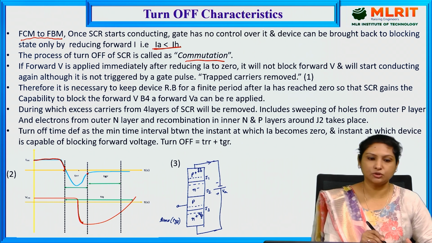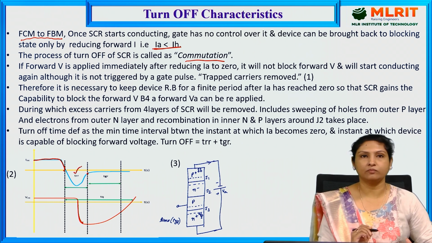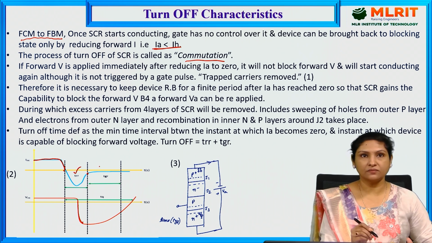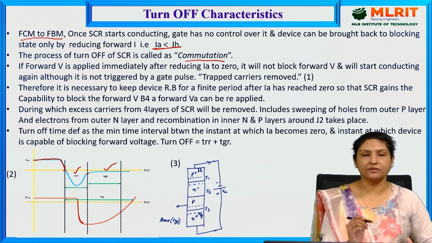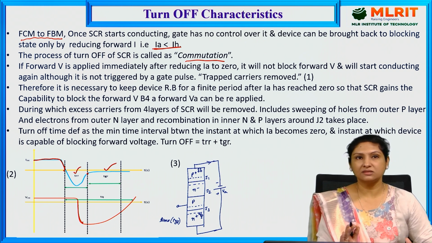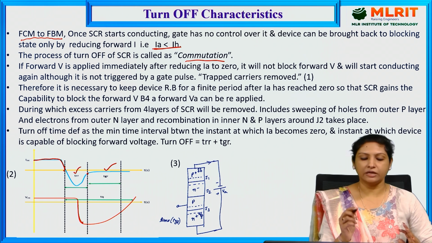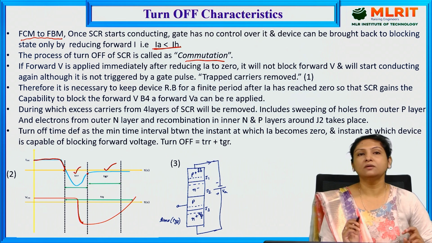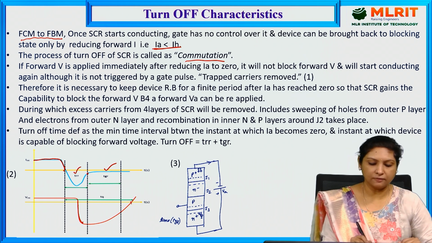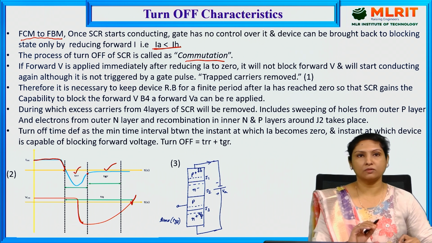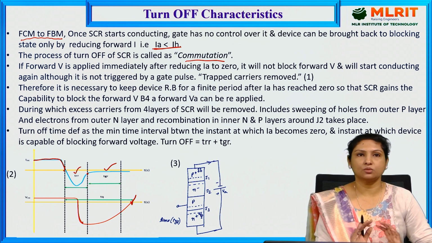This happens during the reverse recovery time, and then later the recombination of electrons takes place during the gate recovery time, and this time is sufficient. Later, if we apply the forward voltage, it will be in a position to block the forward voltage. And now we can apply the forward voltage conveniently such that it will block it. So that is the thing.